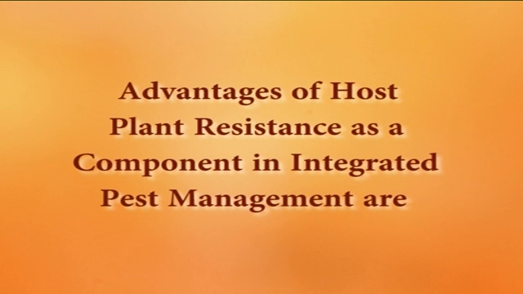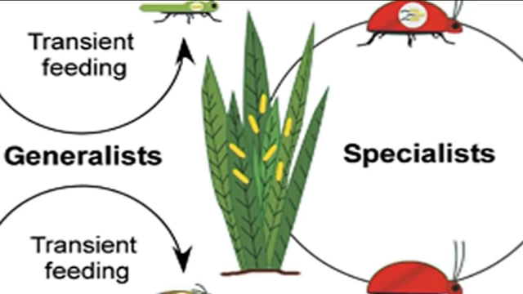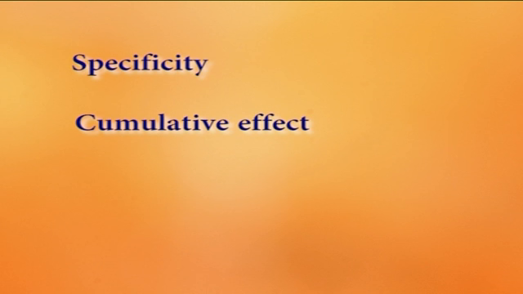Advantages of host plant resistance as a component in integrated pest management are specificity, specific to the target pest, and natural enemies are unaffected. Next is cumulative effect. It lasts for many successive generations. Next is eco-friendly.